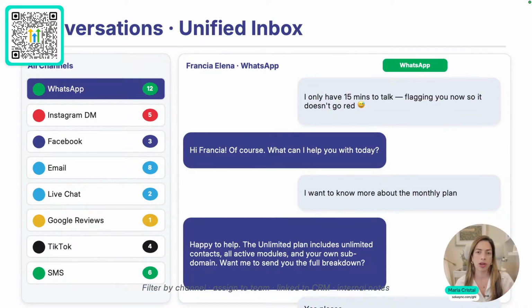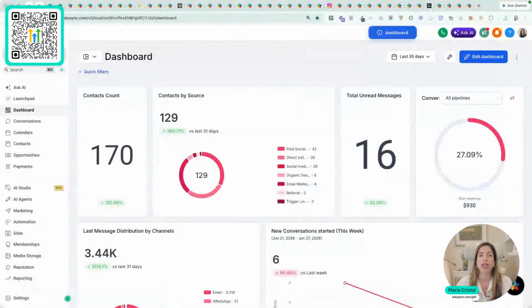If you communicate with your clients through WhatsApp, email, Facebook, Instagram DMs, Google Business reviews or chat, TikTok, your website's live chat, SMS marketing, phone calls, it's all in one place. You will filter by channel. You will be able to assign conversations to team members, add tags, leave internal notes, and nothing falls through the cracks. So let's see an example right now on screen.